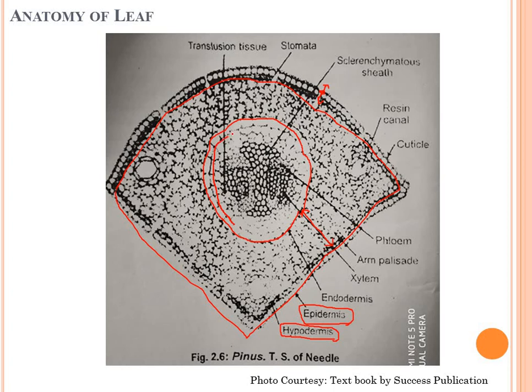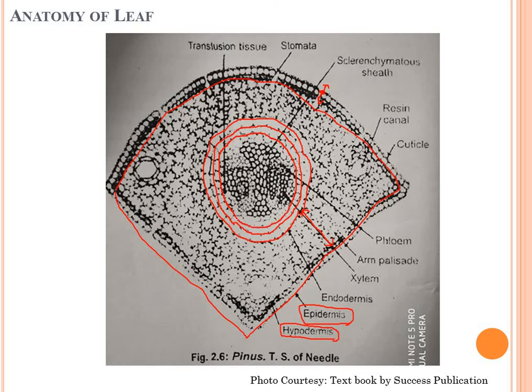Endodermis is actually made up of some sclerenchymatous cells, and sclerenchyma cells provide mechanical strength to the leaf. Then a single-layered pericycle is present within the endodermis. It is made up of parenchyma cells.